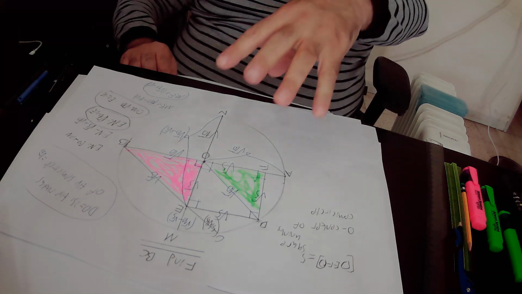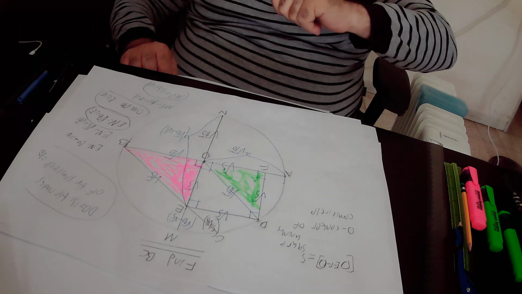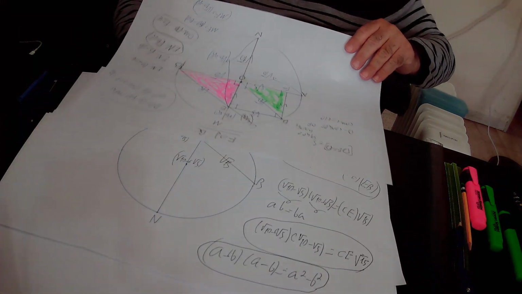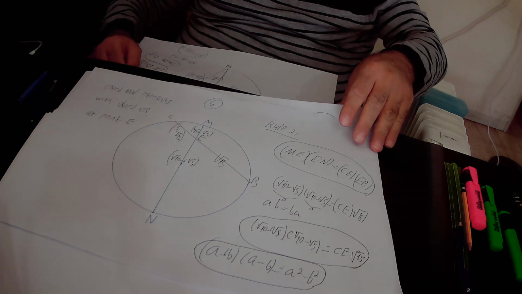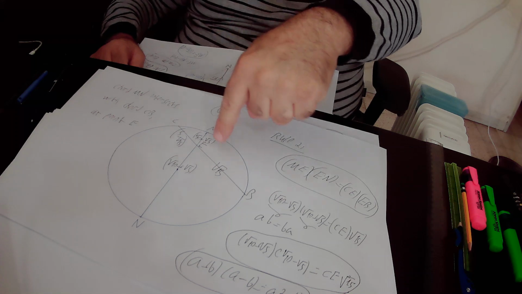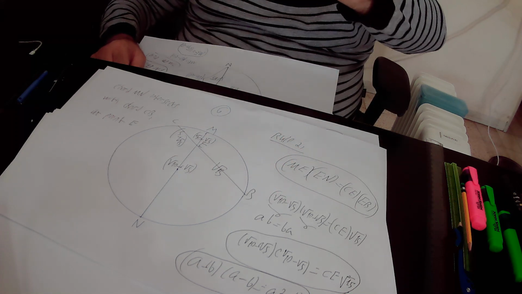So I copied the two chords that intersect with each other in a new page and implemented rule number 2 in our drawing.